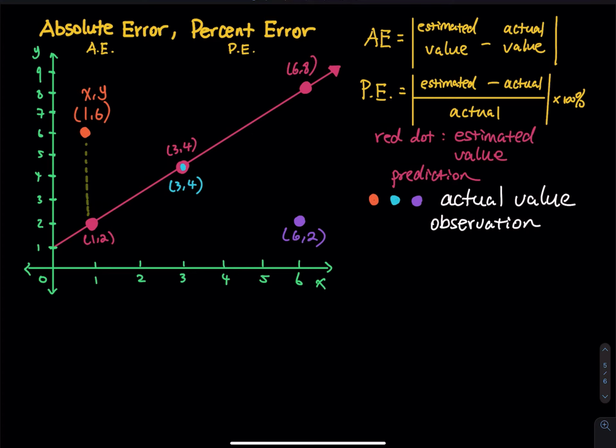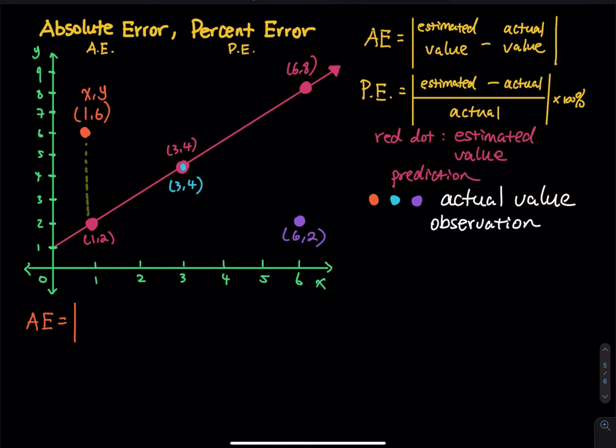So let's calculate the absolute error. So the absolute error is you use the estimated value minus the actual value. Which number minus which number? In this problem, we will be using the y value to do the subtraction. So the absolute error, AE, is equal to the absolute value. We use the estimation.